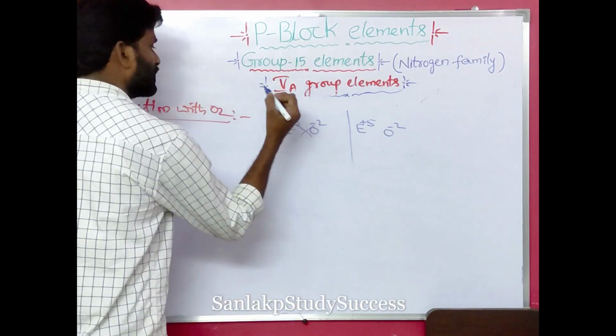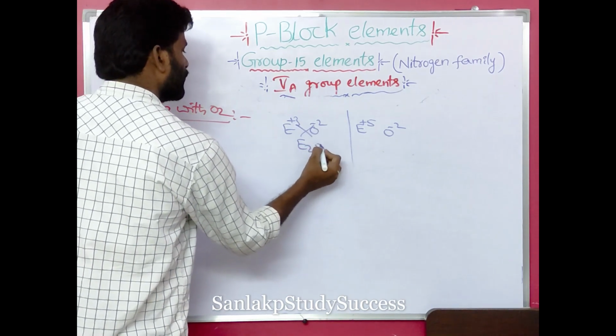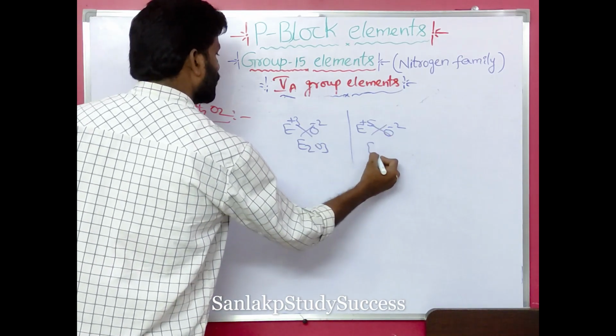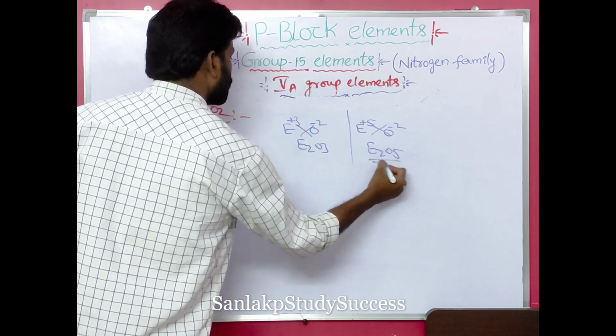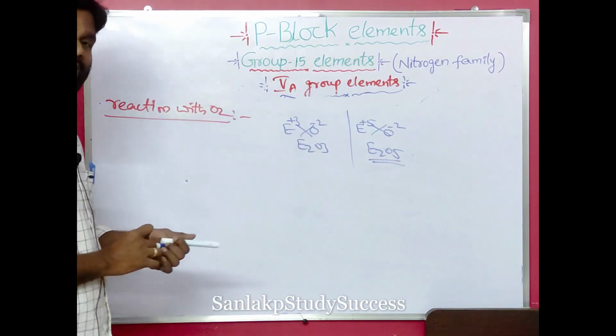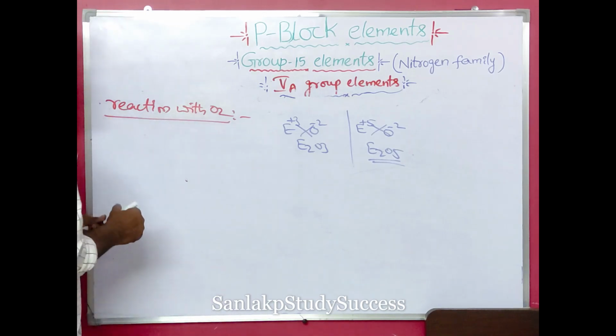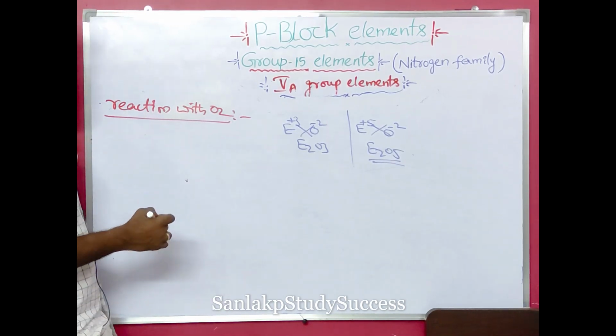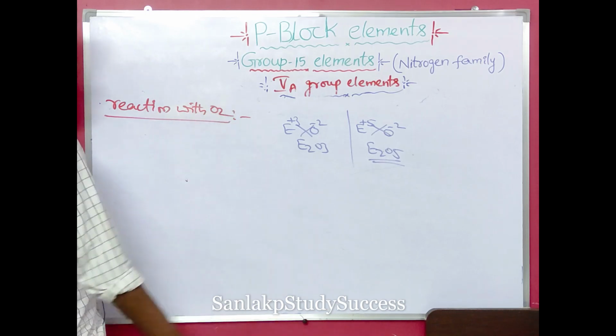According to this, what is the formula? E2O3, E2O5. So these elements can react with oxygen to form E2O3 and E2O5 type of oxides.